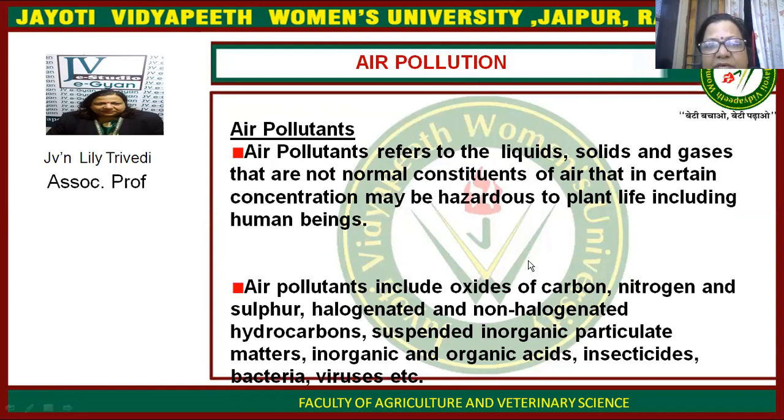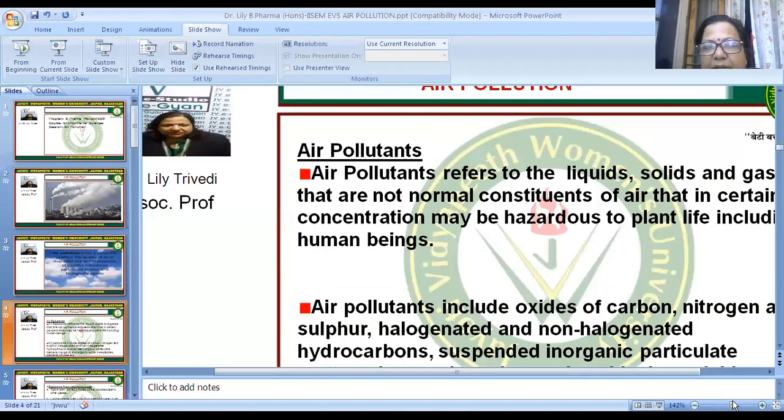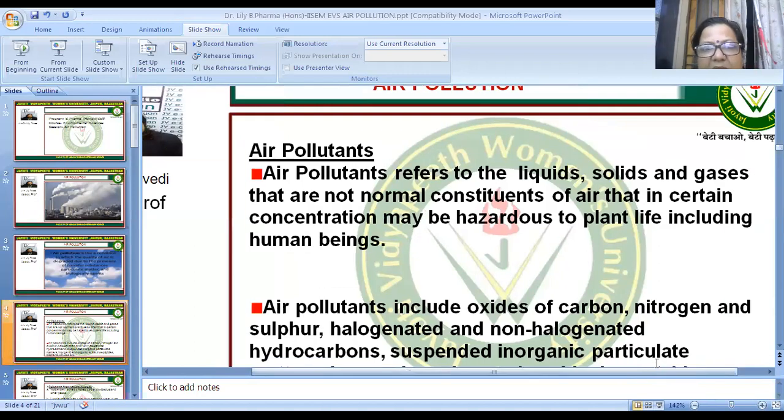Air pollutants include oxides of nitrogen, sulfur, carbon, and halogenated and non-halogenated hydrocarbons.